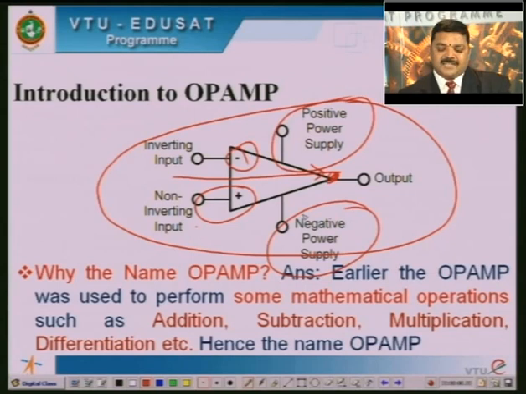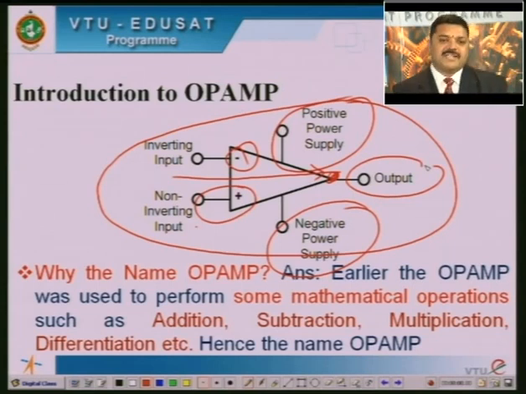Where we take the output, the pointing end of the triangle, is the output. So, the 5 important points with respect to this operational amplifier are the non-inverting input terminal or the positive input terminal, the inverting input terminal or the negative input terminal, and the output. What drives this operational amplifier?